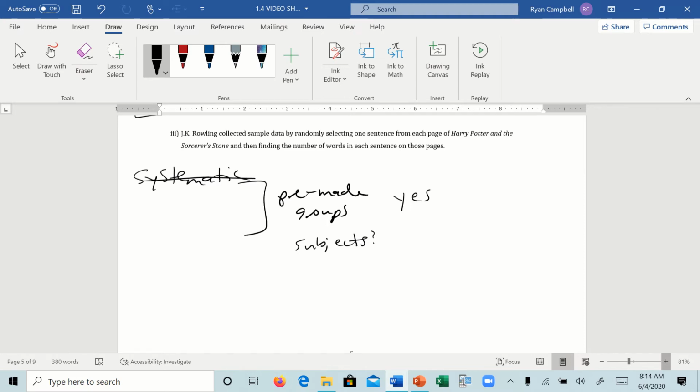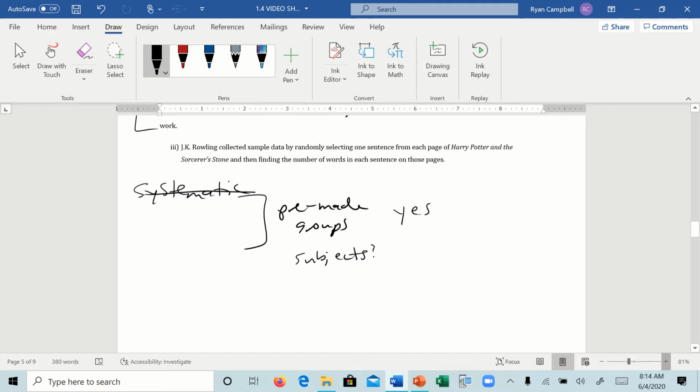They could be cars, they could be tables, right? So in this case, the subjects would be the sentences, which would mean that the group would be the page. Each sentence is on a page.